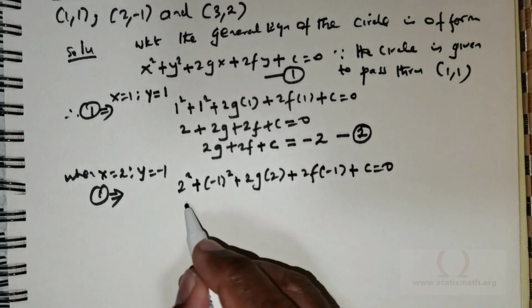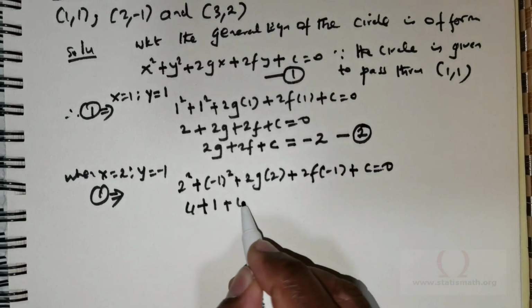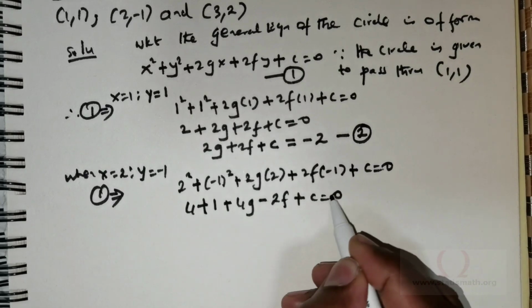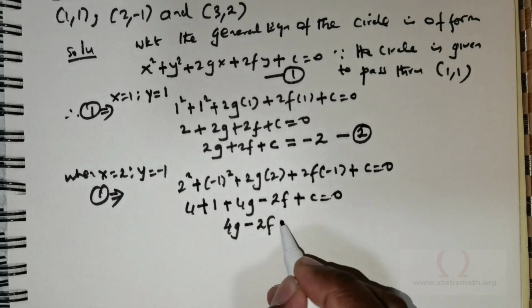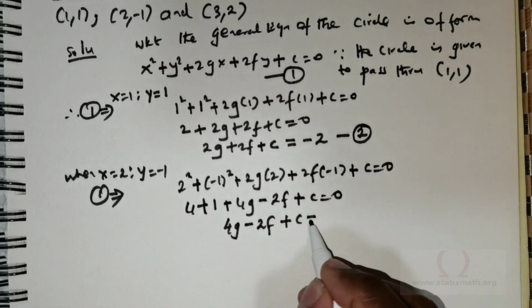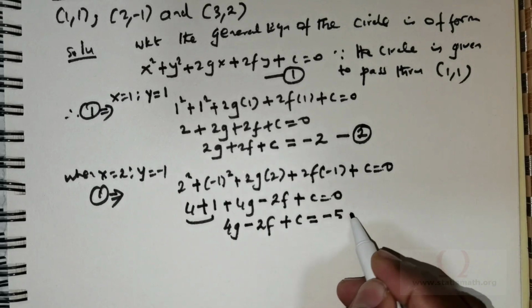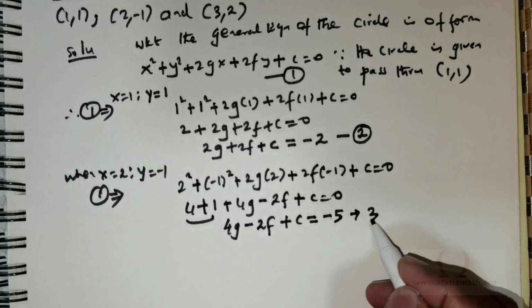So this is going to be 4 plus 1 plus 4g minus 2f plus c is equal to 0, which is 4g minus 2f plus c is equal to 4 added with 1, 5. Move it to the other side, you'll get -5, and number that as equation 3.